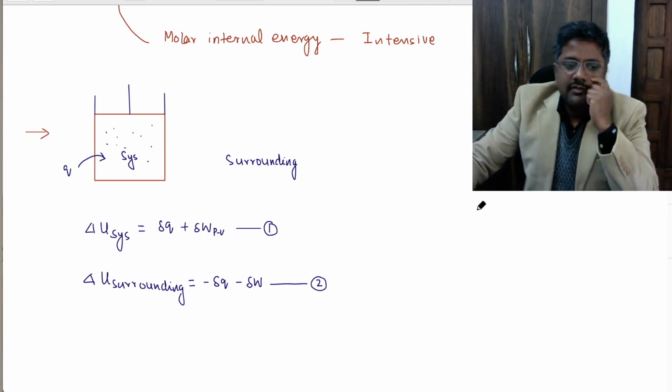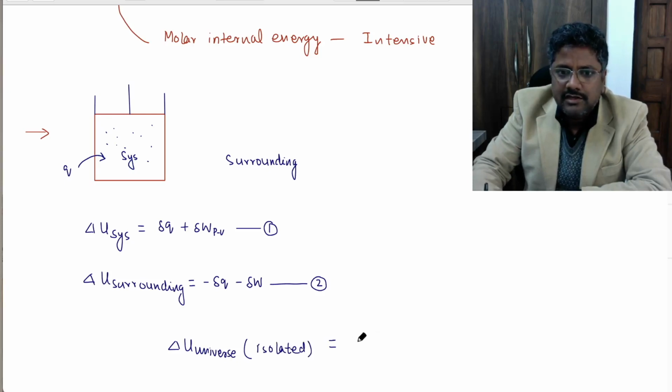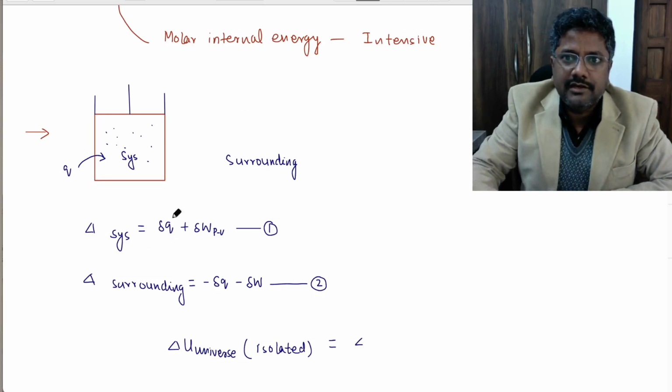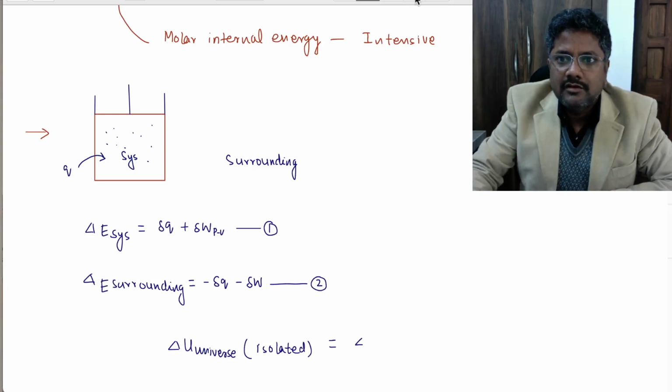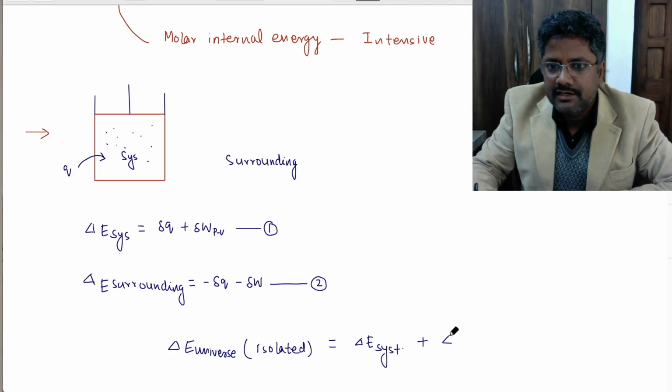So we can write delta U of universe, meaning isolated, is equal to delta E of system plus delta E of surrounding.